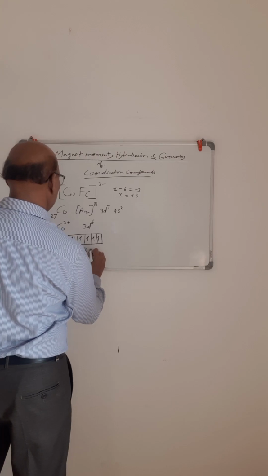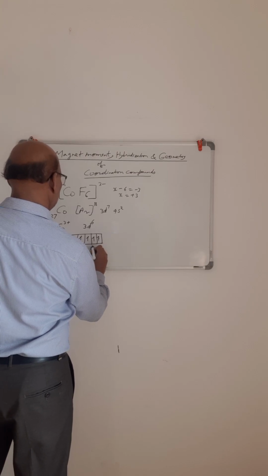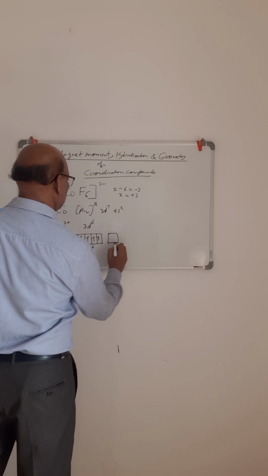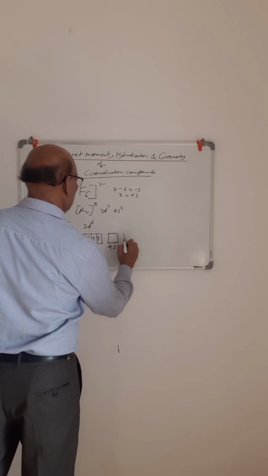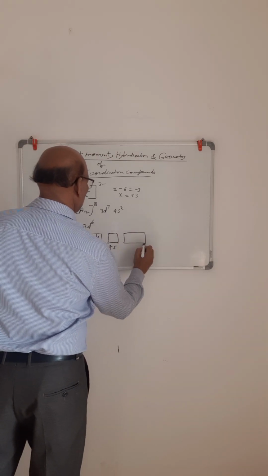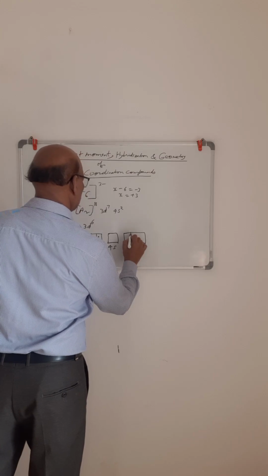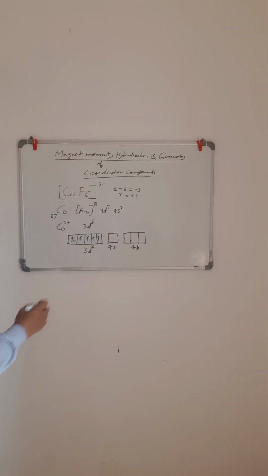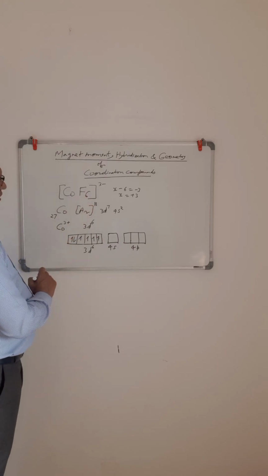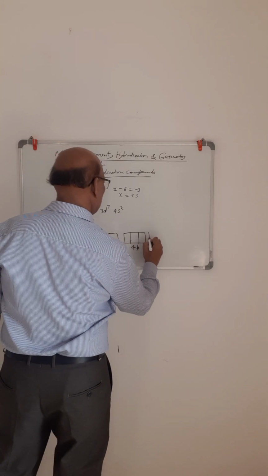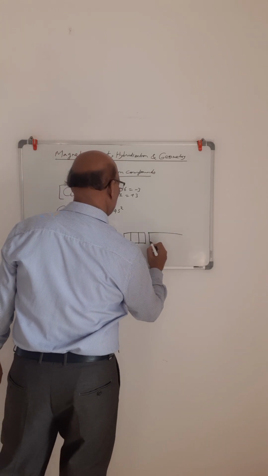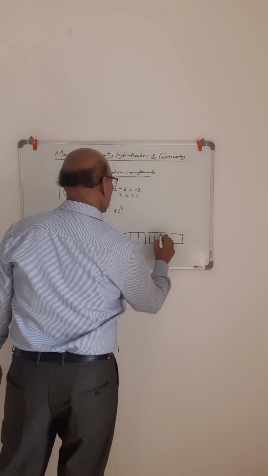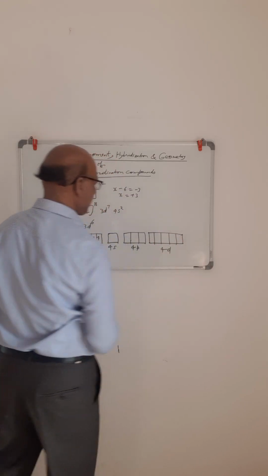So this is the 3d6, and here I have one 4s empty orbital and 4p orbitals. There are 3 4p orbitals, but we require 6 empty orbitals, so it will also utilize the empty orbitals of 4d. There are 5 empty orbitals available.